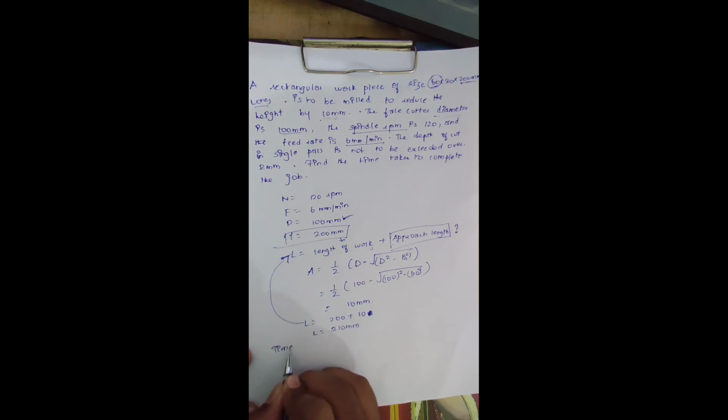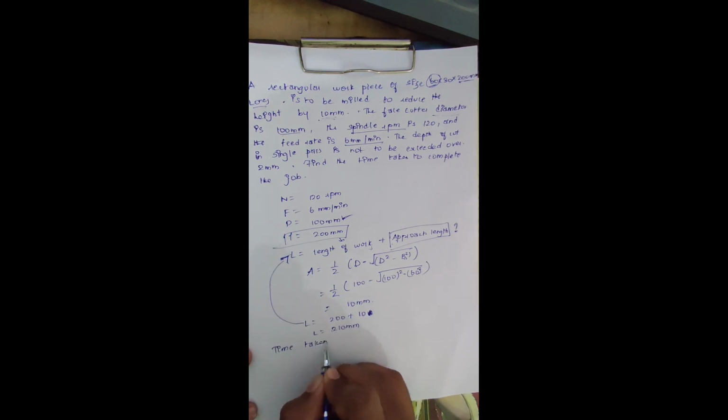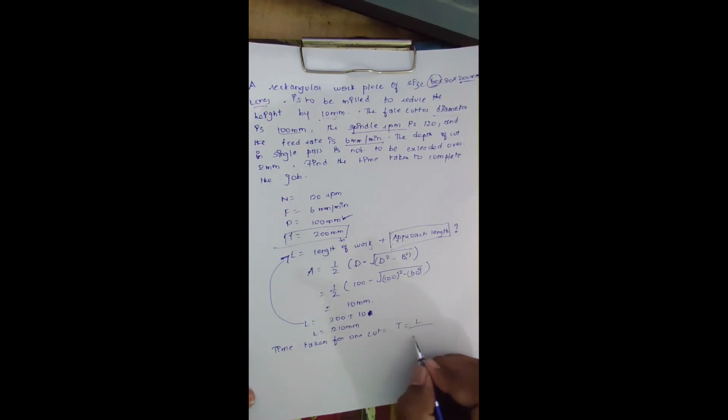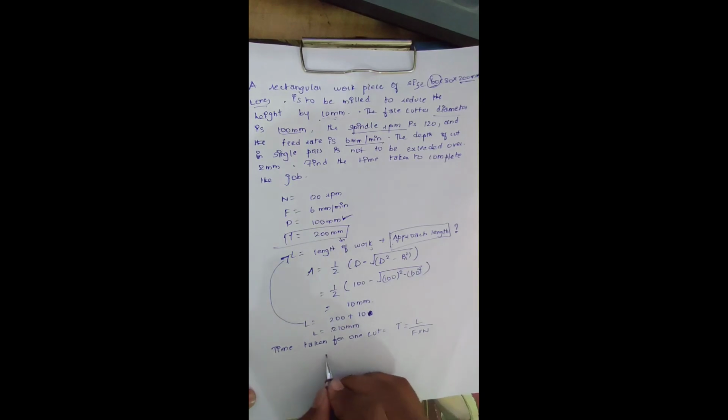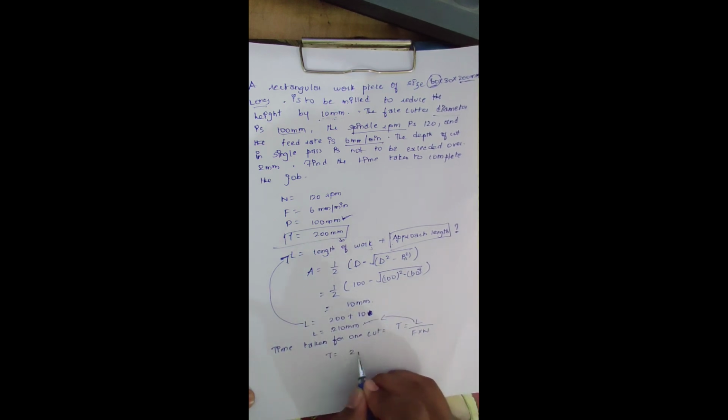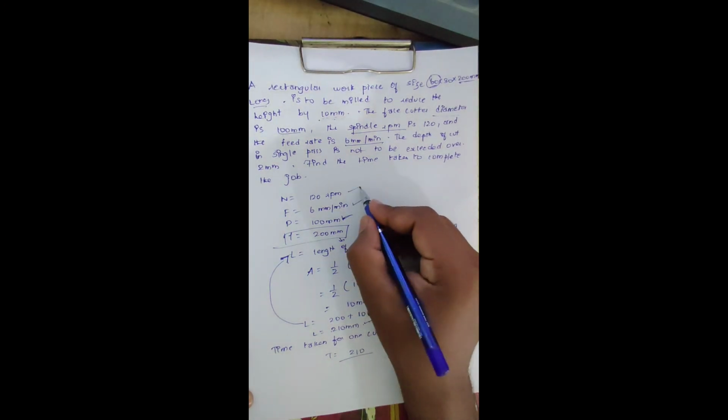For one cut, T is equal to length by feed into N, right? So T is equal to the length, 10, divided by F, which is the feed, and N, which is the RPM.